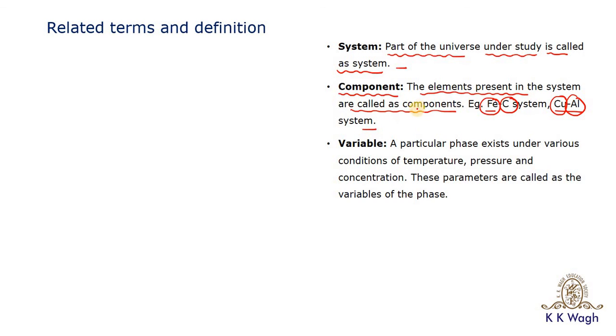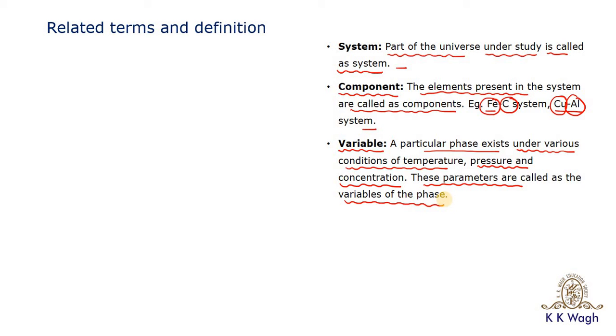Then variables. What is called a variable? A particular phase exists under various conditions of temperature, pressure, and concentration. These parameters are called the variables of the phase.